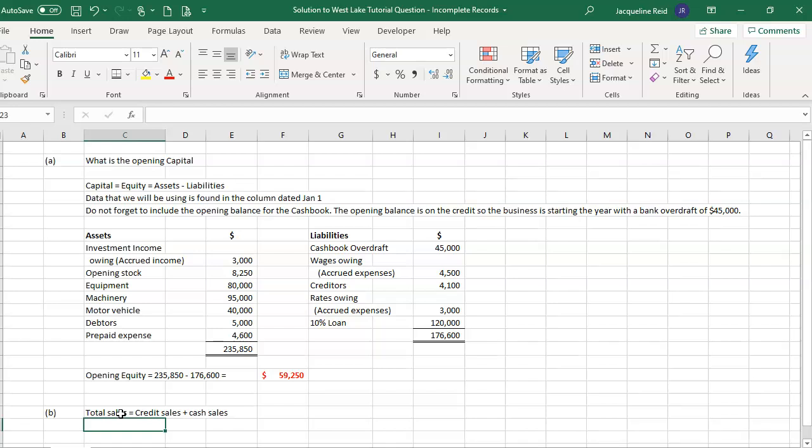The same will apply for the total purchases. You will have to work out the figure for credit purchases, and then add that to the figure for cash purchases.